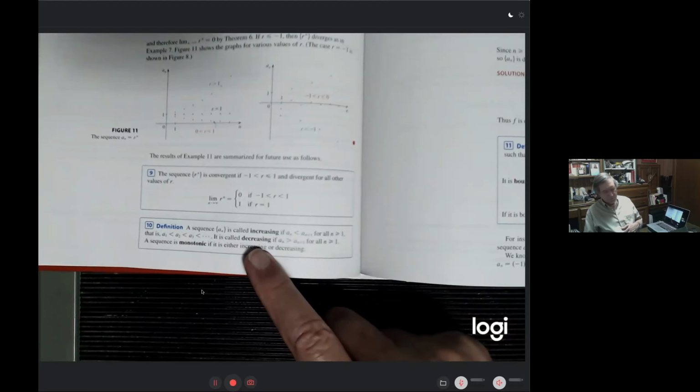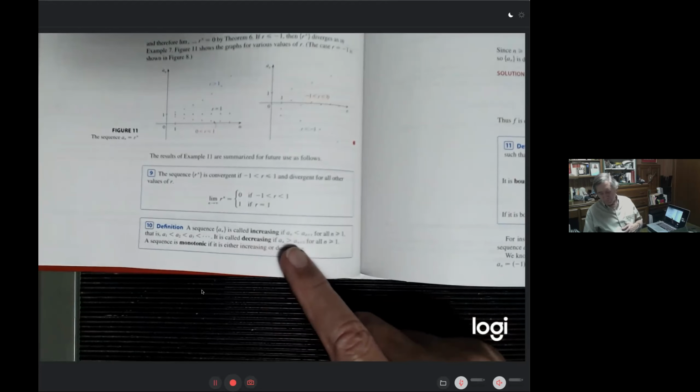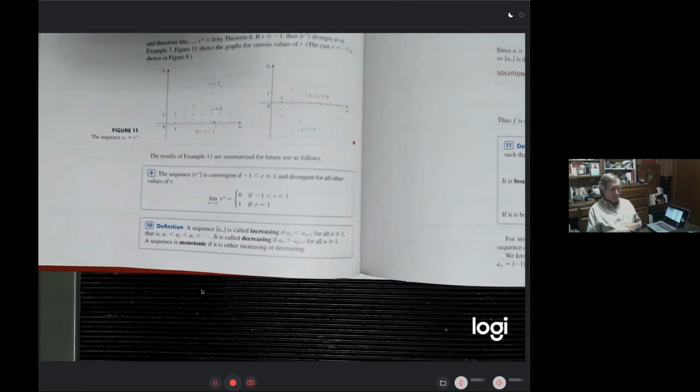Instead of decreasing, if I replace this by greater than or equal to, it's non-increasing. So a non-decreasing thing is kind of going up, maybe not always, and a non-increasing thing is kind of going down.